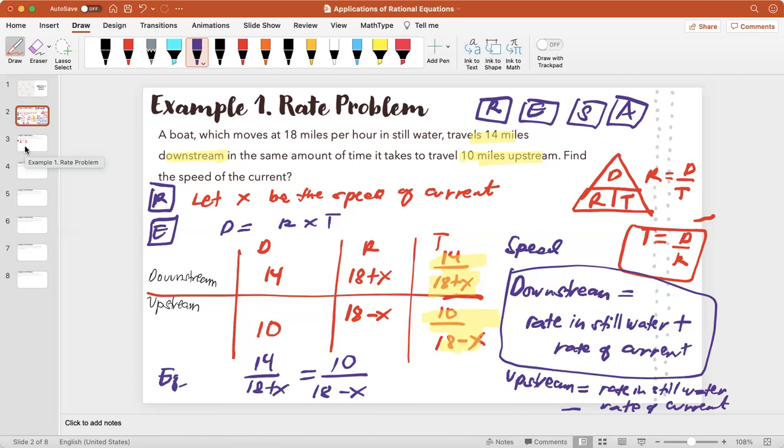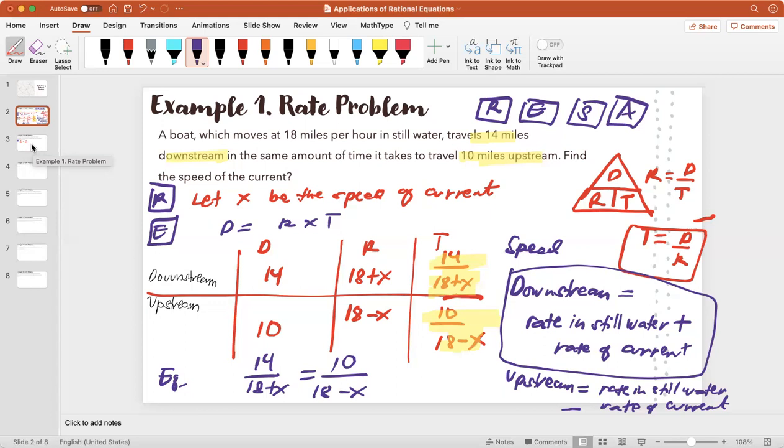Okay, the US has a lot of rivers. Other countries, Asian countries have a lot of rivers. Here we have a big body of water, the ocean. And so instead of downstream and upstream, we can only use with the current and against the current.